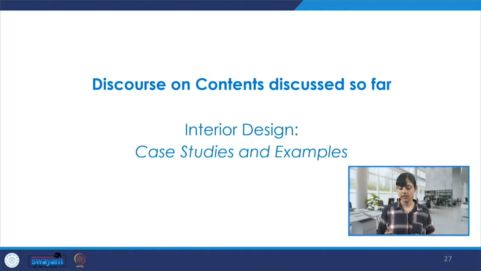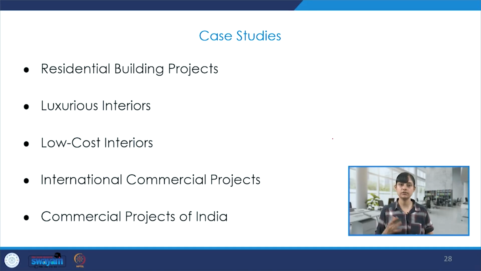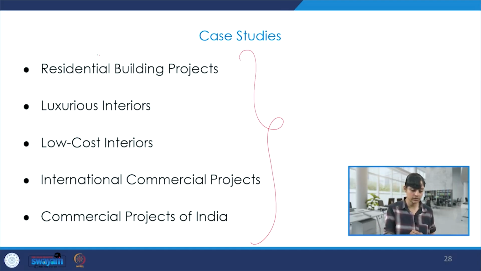We also saw some case studies and examples, and this shaped our understanding of interior design holistically. We saw a very diverse range of projects actually. So there were some residential ones, some luxurious interiors, some low cost interiors. So it's a very opposite way of designing, from something very luxurious to low cost.